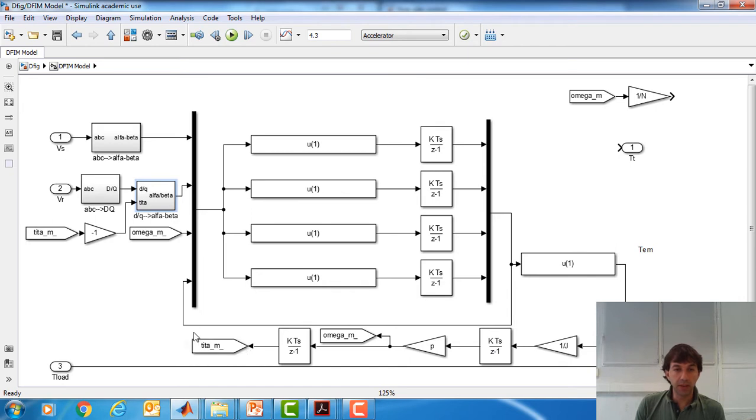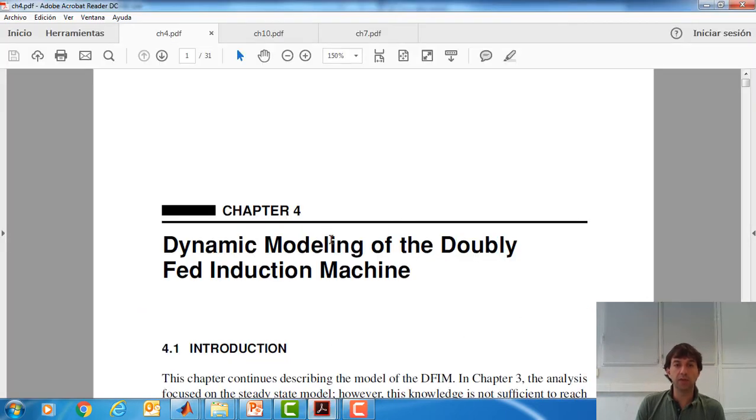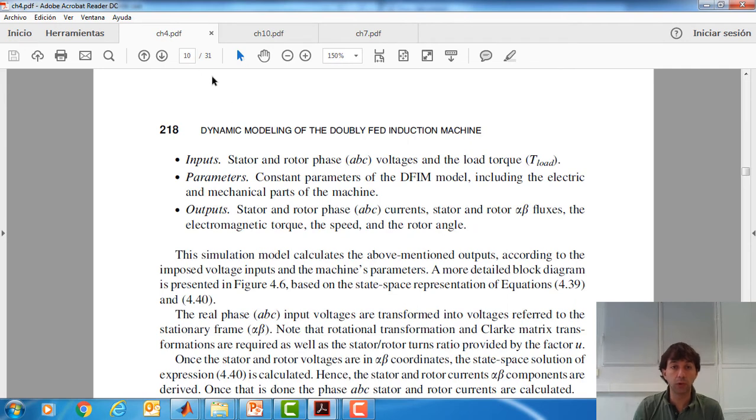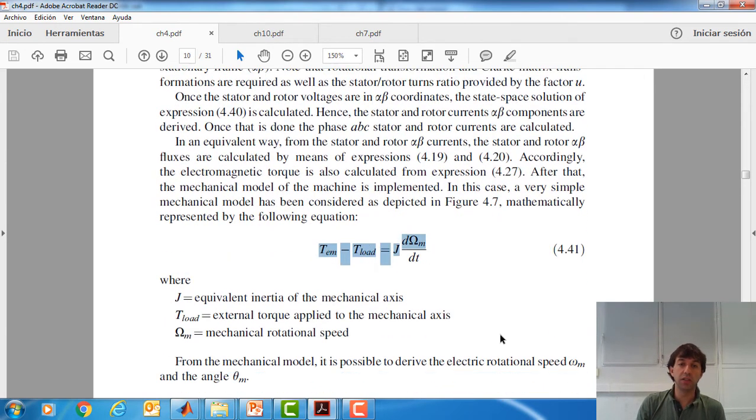And just keep in mind that this equation that we are applying is the typical, simple mechanical equation that in our books, for instance, in chapter 4, if we go to page 10, if I'm not wrong, yes, it's here. This is the mechanical model of the shaft that we are applying, just one inertia.